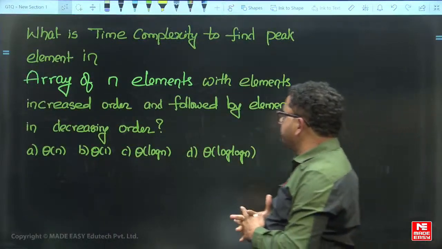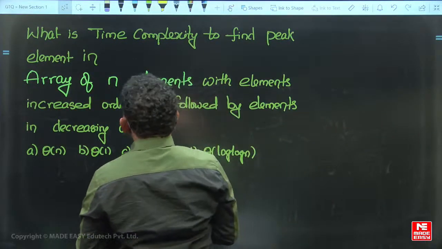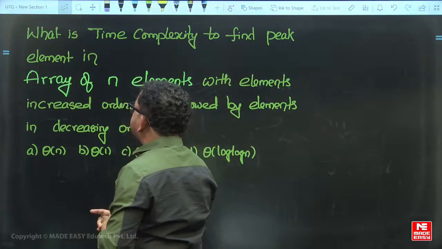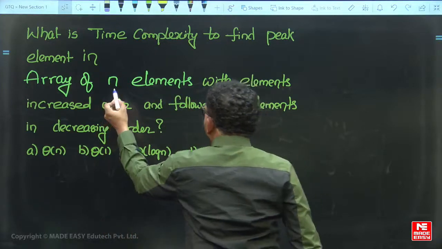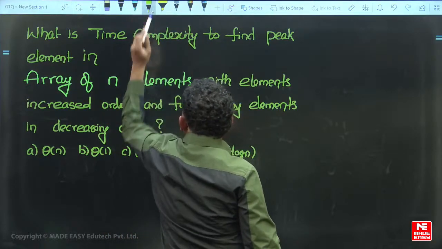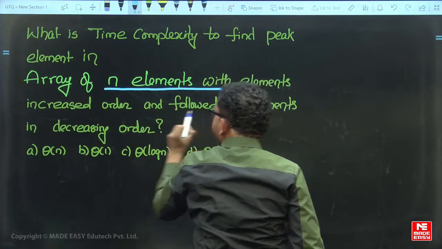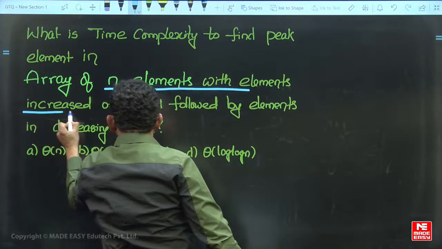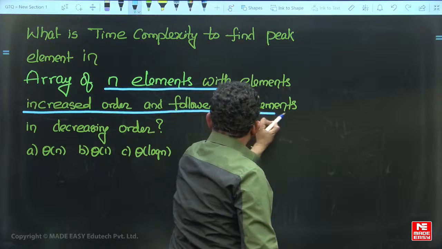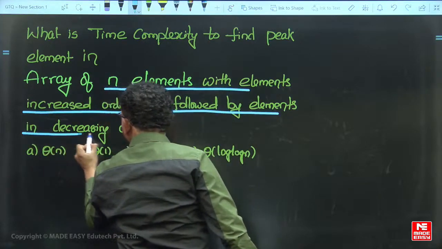Next question: what is the time complexity to find the peak element in an array of n elements? The array has elements in increasing order followed by elements in decreasing order.